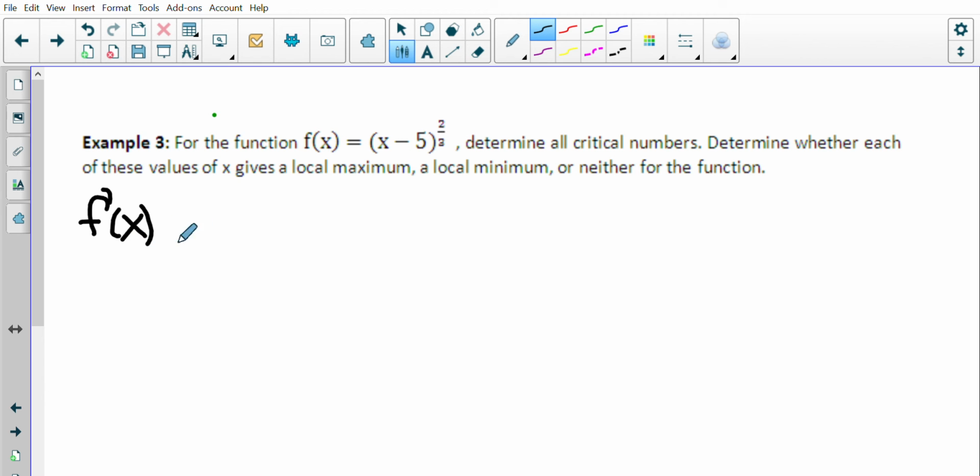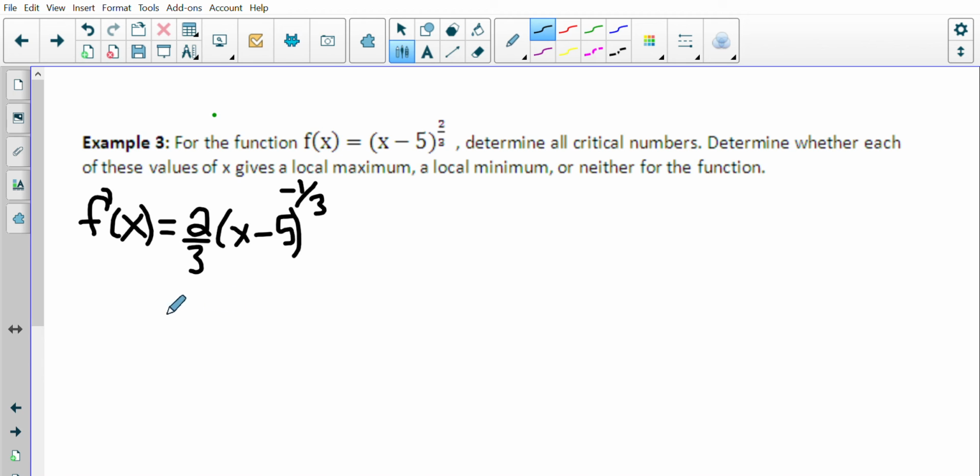I bring my exponent down, which is 2/3. Then I have my function there, x minus 5, and subtract 1 from the exponent. So 2/3 minus 1 is negative 1/3.